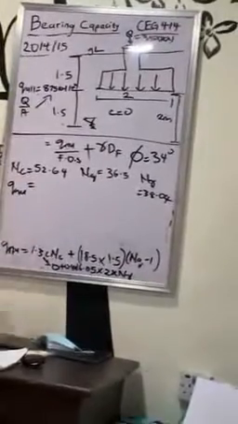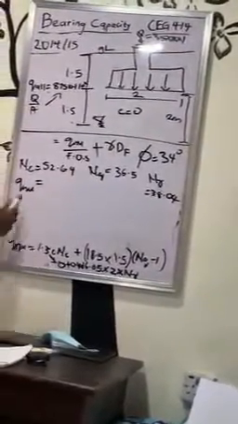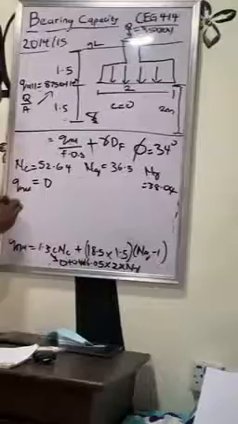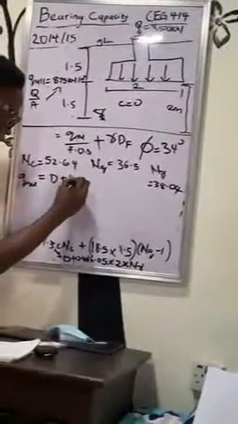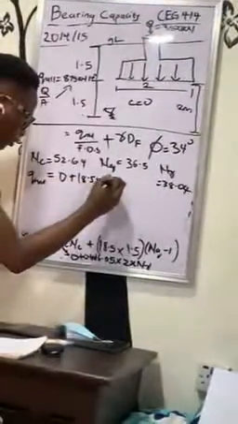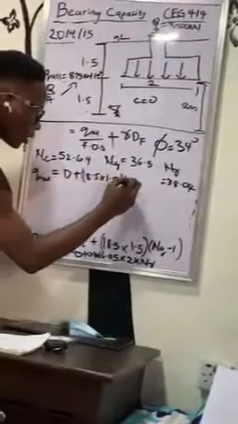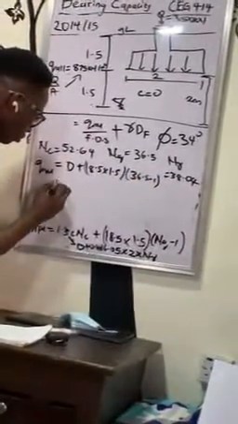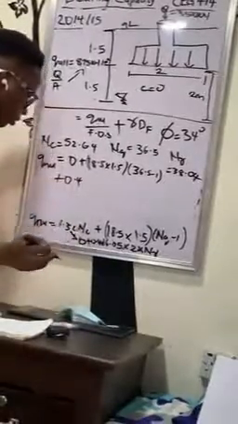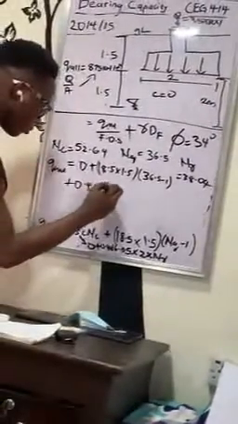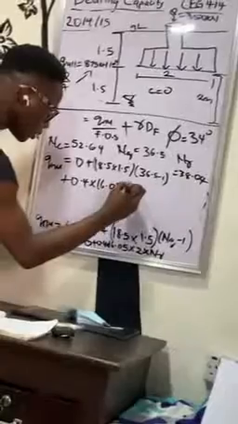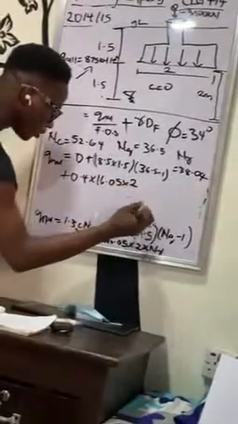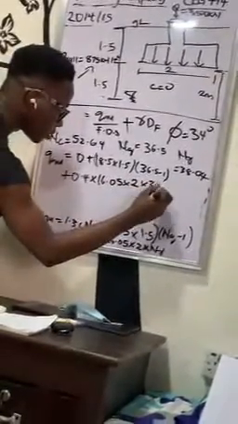Let me reduce it. The C times NC gives 0, so this NC does not have any use. This will be 0. This will be 18.5 times 1.5 into NQ, which is 36.5 minus 1, plus 0.4 times 16.05 times 2, that's equal to base of the foundation times 36.04.